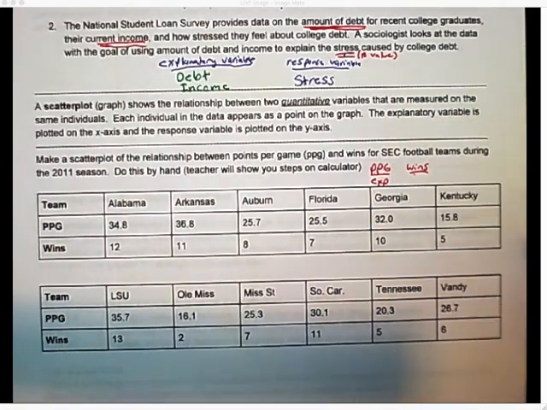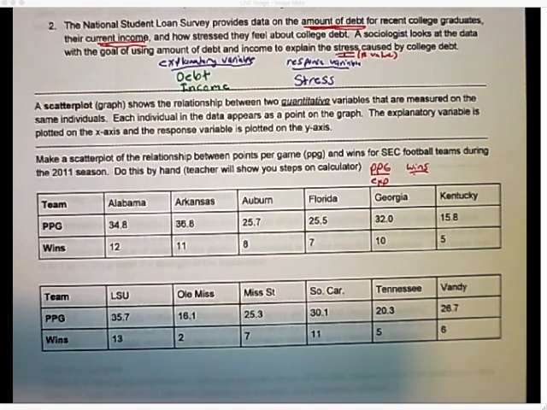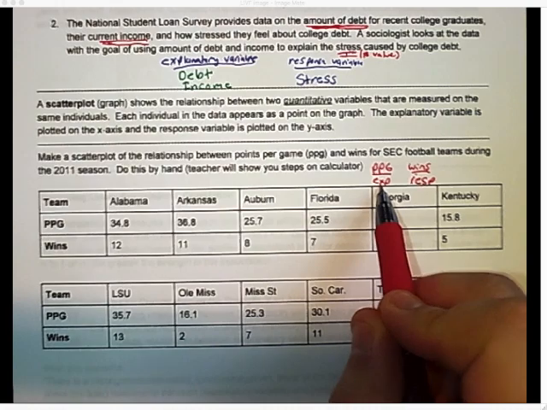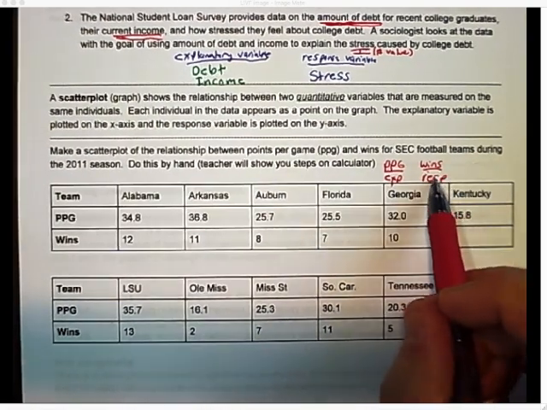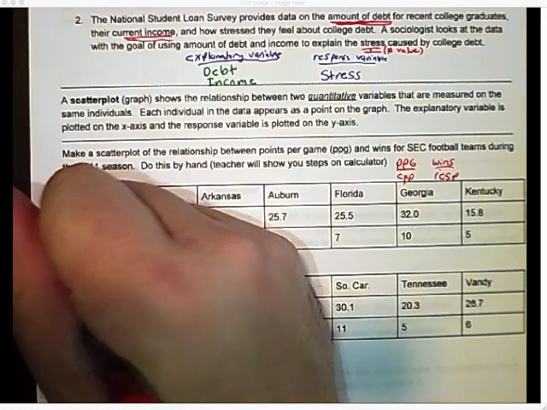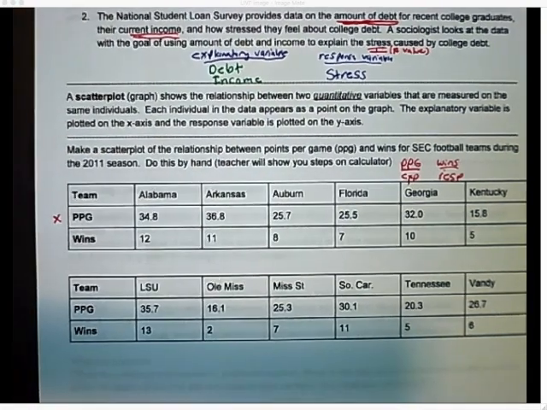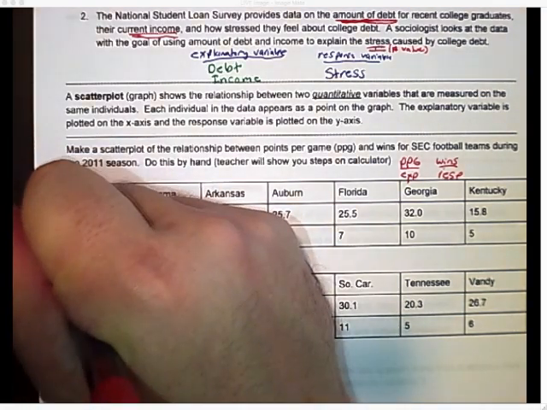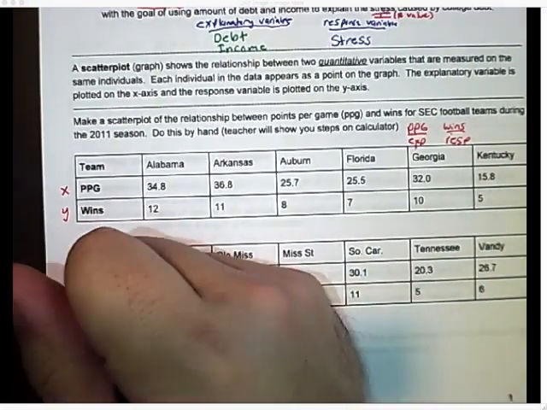The more points a team averages, the more wins they're going to have, because they're more likely to win. So I think points per game is the explanatory variable, and the number of wins is the response variable. When I plot this, I need to plot the points per game on the x-axis, and the number of wins on the y-axis.